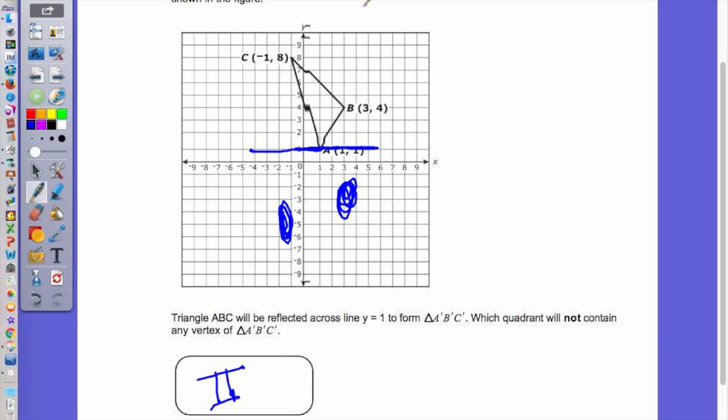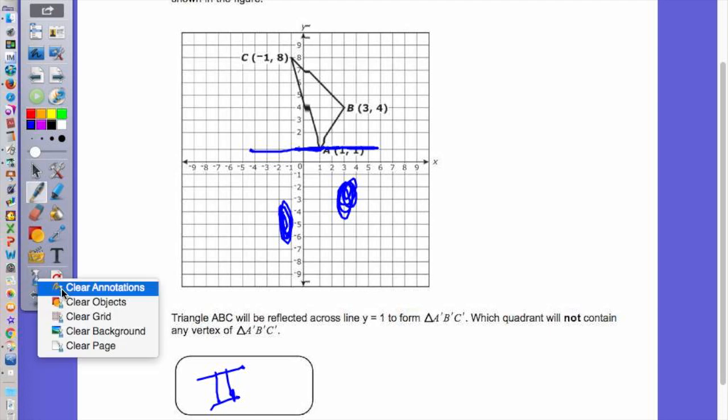Considering there's only 4 quadrants, they could put a dot in the quadrant that has no vertices, and you would just select the one. Any quadrant. Oh, it makes you draw them. Okay.